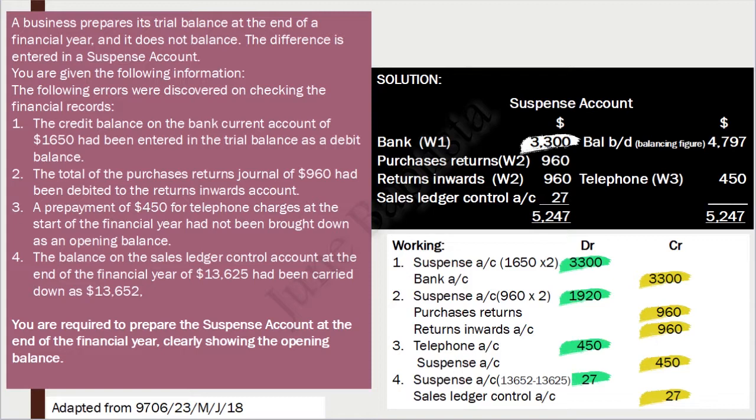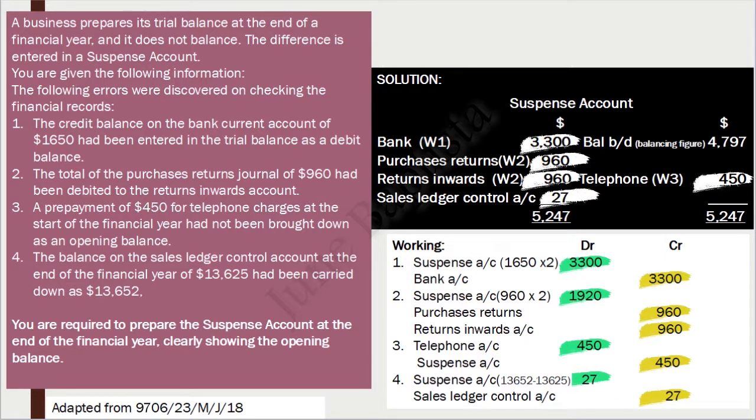Working number 2, the suspense account is debited $960 for purchases returns, $960 for return inwards. Error number 3, the suspense account is credited $450. Error number 4, the suspense account is debited $27.